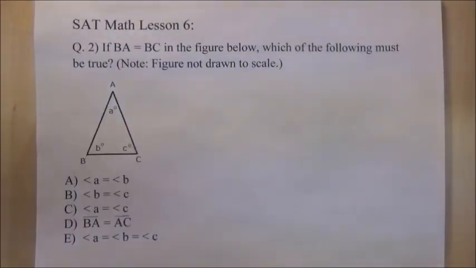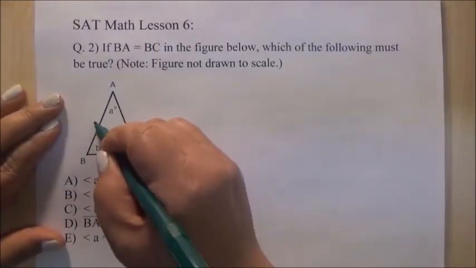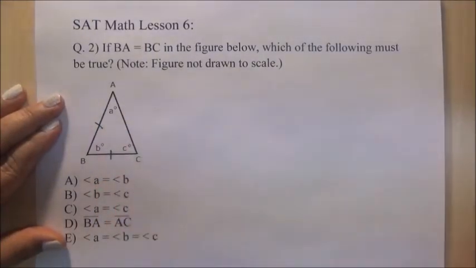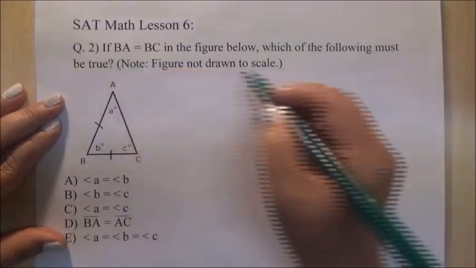Okay, question number 2. If BA is equal to BC in the figure below, which of the following must be true? Note, the figure is not drawn to scale. So we know BA and BC are congruent, even though they don't look like that, because the figure is not drawn to scale.